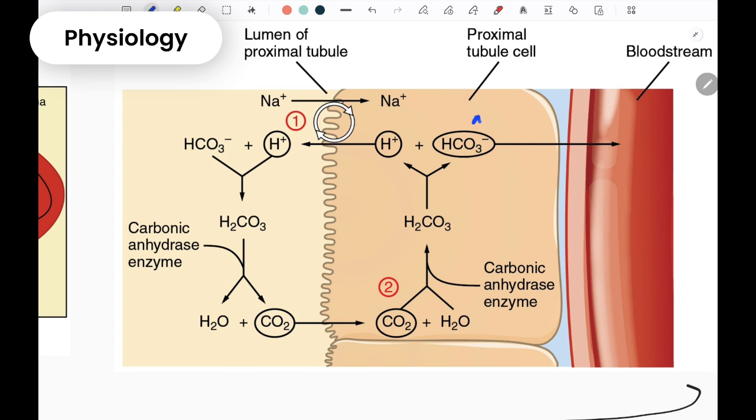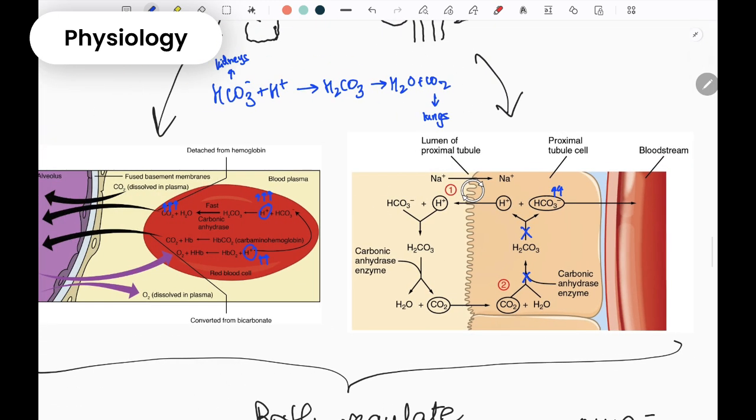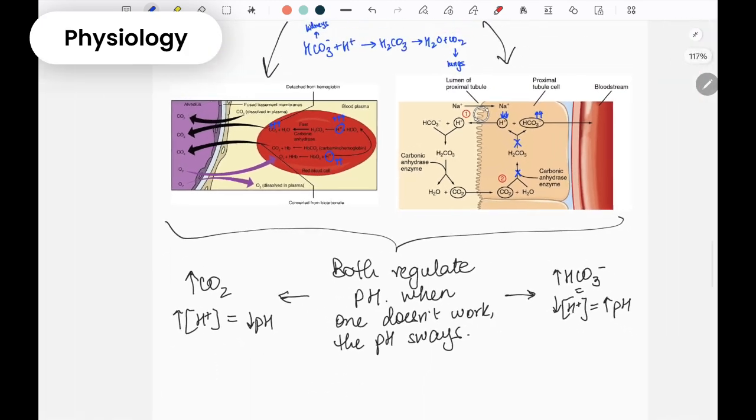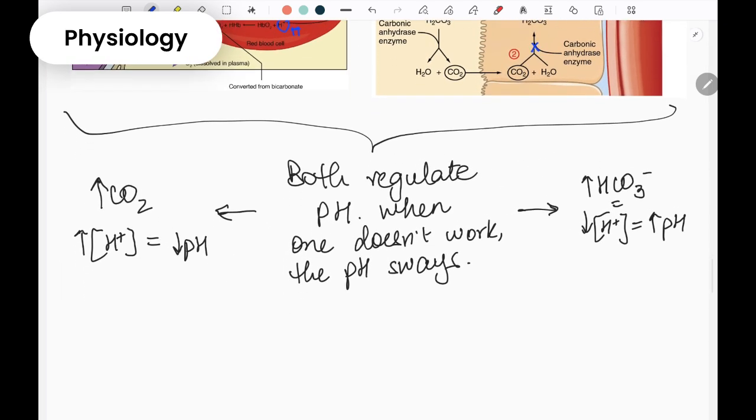So a raised bicarb means that the carbon dioxide and the water is not getting translated into bicarb and proton ions. As a result, the pH goes up whilst the proton ions go down. So, as a rule of thumb, when CO2 is up, pH goes down.